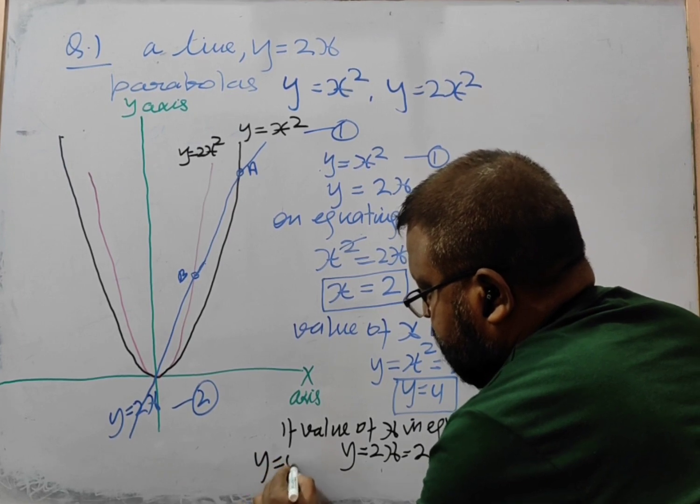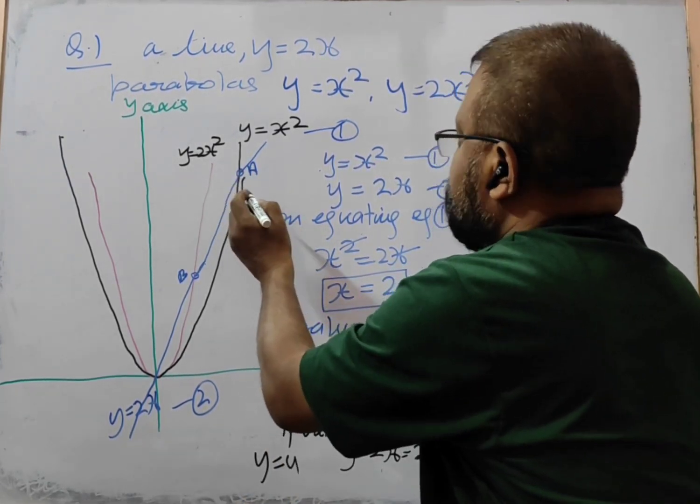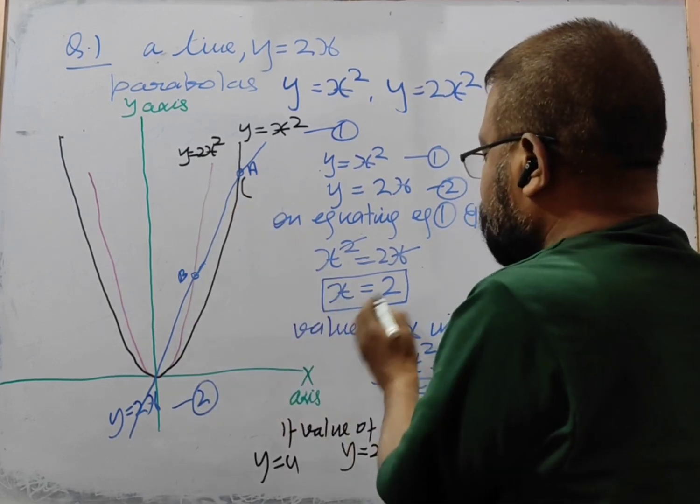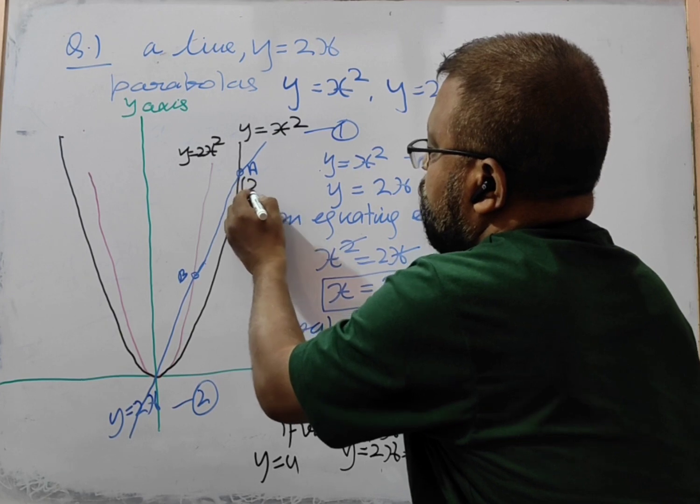So the coordinate of A is x is equal to 2, y is equal to 4. So it is 2 comma 4.